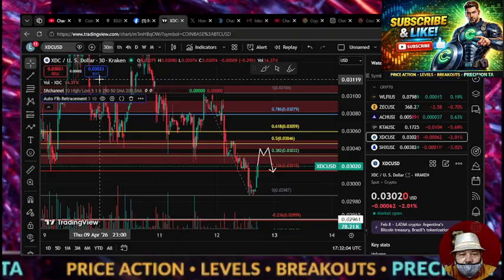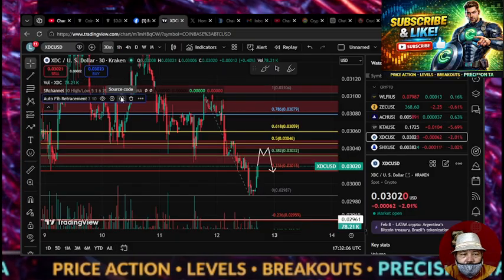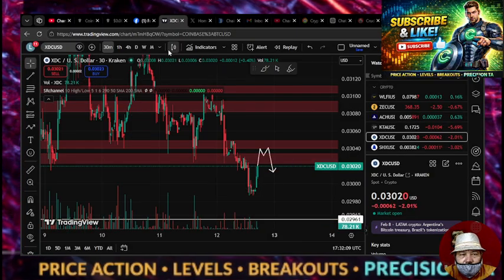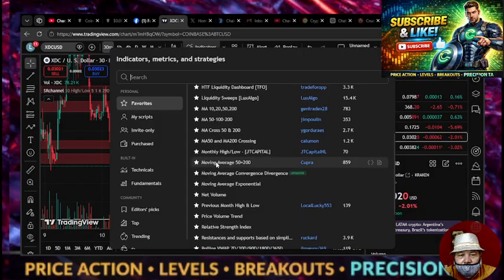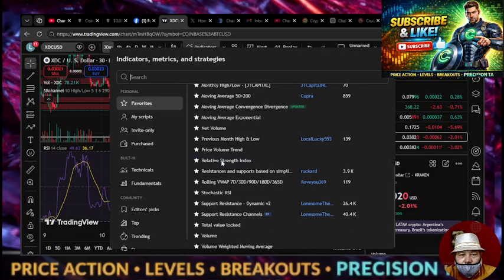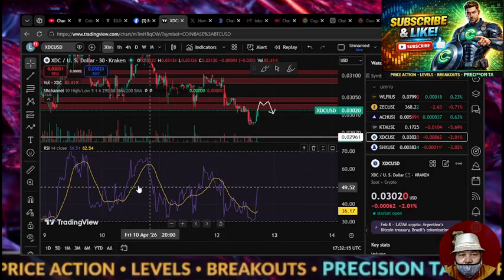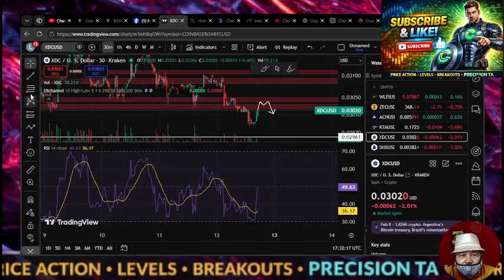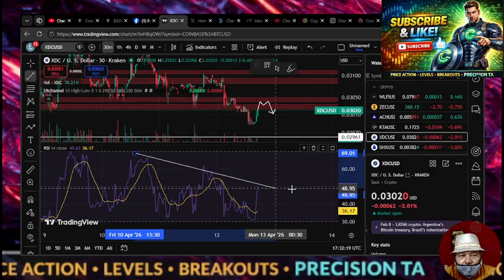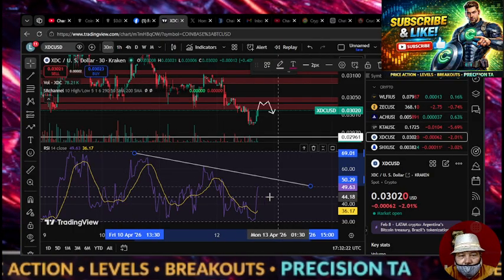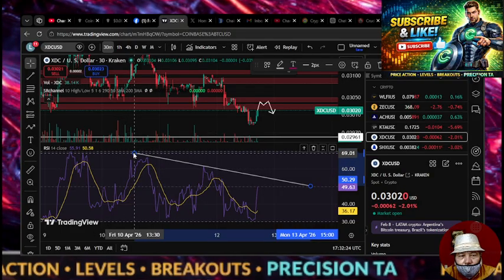I wanted to bring to your attention, we're going to look at the RSI. We've got some room to go up on the RSI. As you can see here, I want to do a trend line, basically letting you know where we could push up a little bit more.